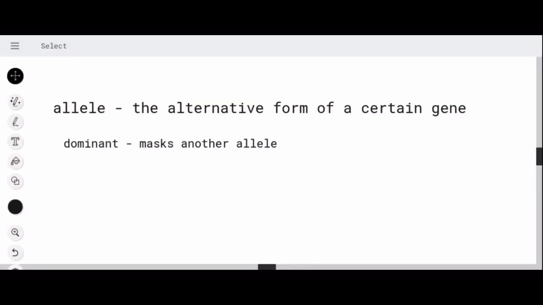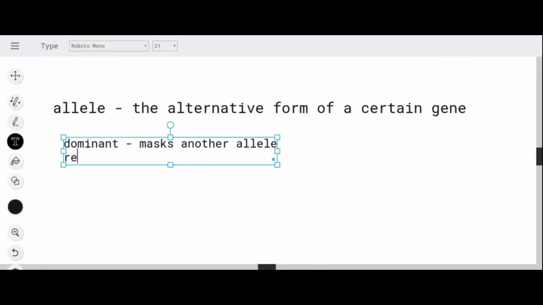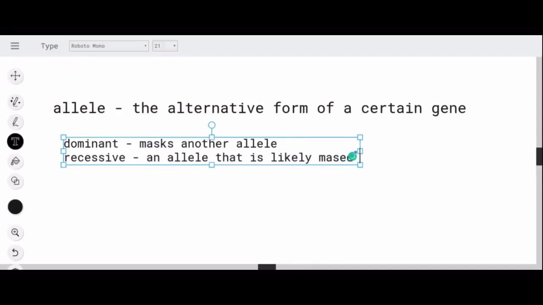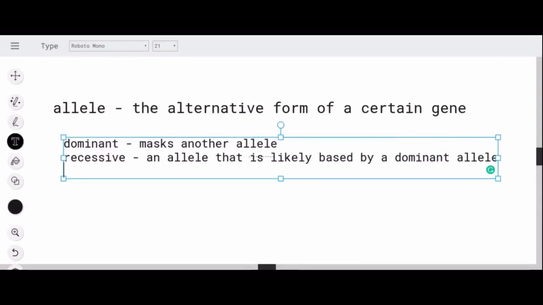The next thing is recessive. It's the opposite of dominant, actually. It's spelled like that. It's an allele that is likely masked by a dominant allele. The special thing about it is it's only expressed when 2 recessive alleles are present.